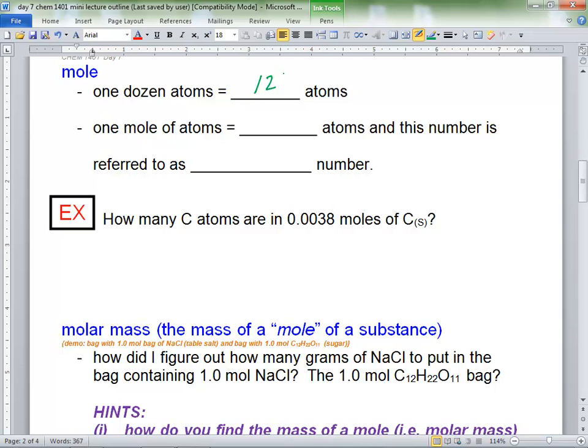Starts with a 6. 6.022 times 10 to the 23rd. A huge number, right? Referred to as, what's the guy's name? Starts with an A. Avogadro. Referred to as Avogadro's number.